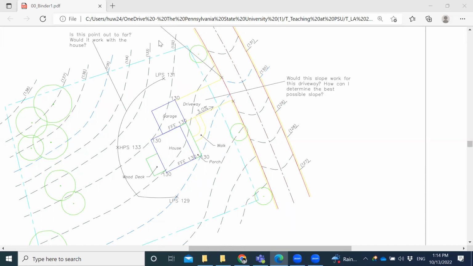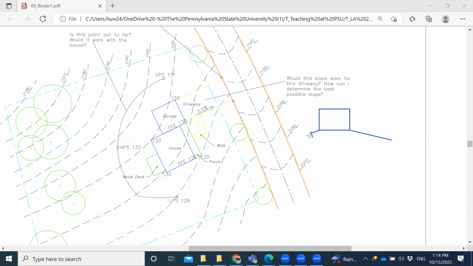So if I were to draw a cross section, it's that one. This is my house, and that's my driveway. If it's really short and pretty shallow, the house FFE would not be very high, but then I would need to push it down to create my HPS, right?